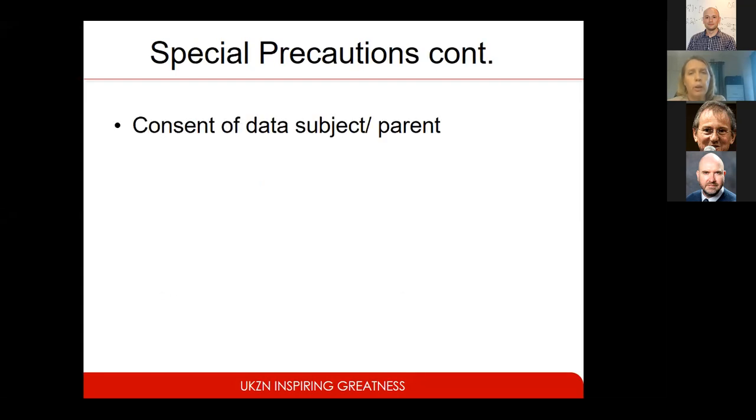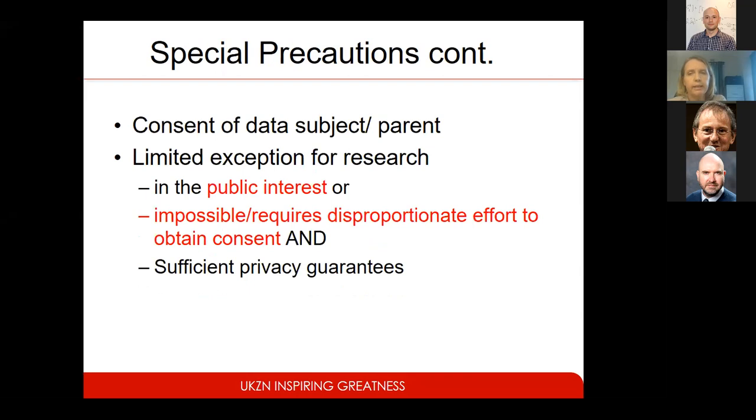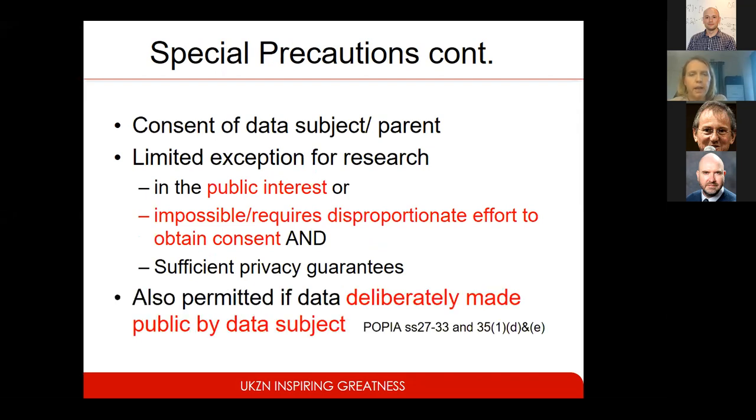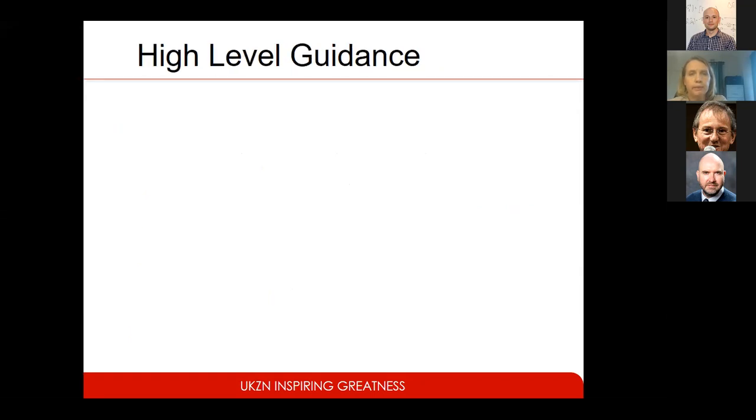In brief, you require the consent of the data subject, or in the case of a child, their parent, but again, there is a limited exception for research if it is in the public interest or if it is impossible or requires disproportionate effort to obtain consent. But in both cases, there must be sufficient privacy guarantees. It's also permitted if the data has deliberately been made public.